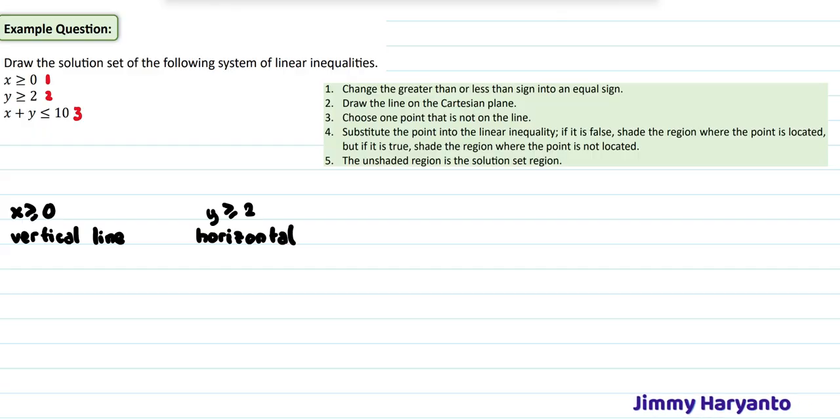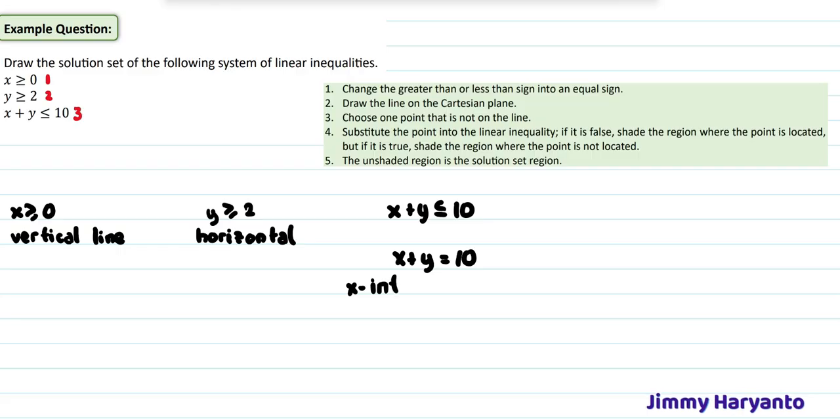And then for the next one, x plus y less than or equal to 10, you have to find the x-intercept and y-intercept first. That means you have to change the less than or equal to into an equal sign. So x plus y equals 10, and then find the x-intercept. The x-intercept is where y equals 0. That means x plus 0 equals 10, so x equals 10.